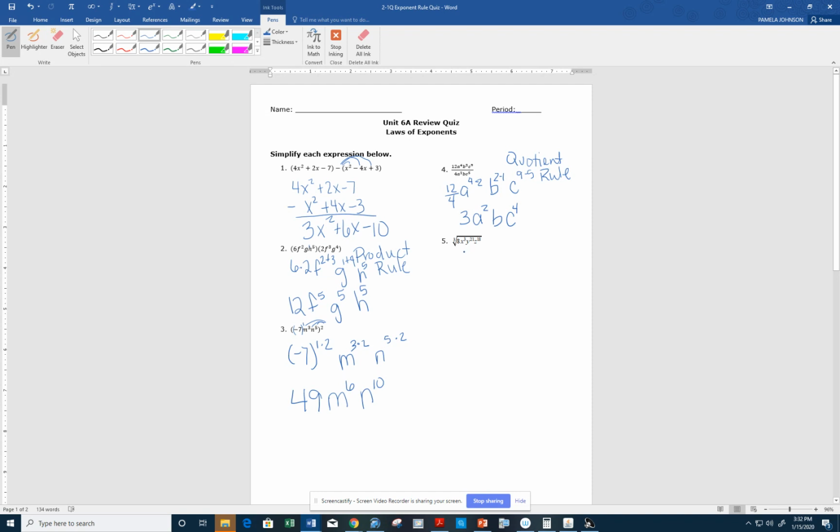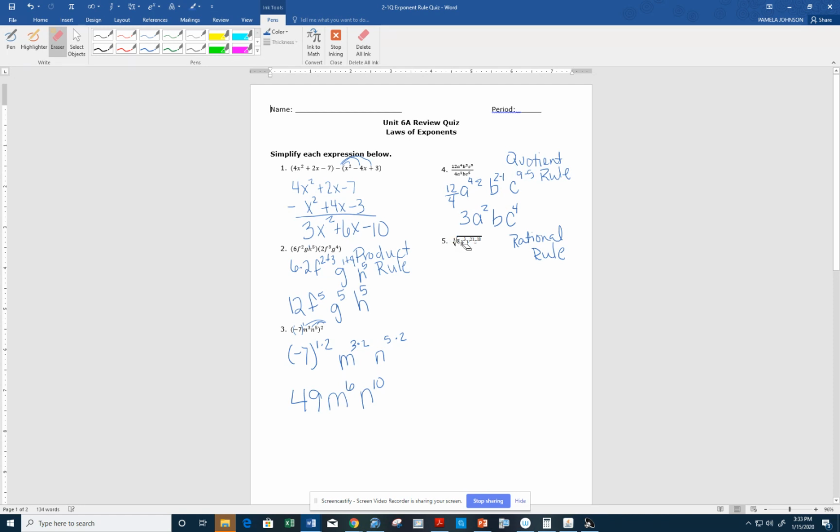And the last one that we have here on number 5 is our rational exponent rule. And with our rational exponent rule, remember, we take this index and we're going to divide that index into each of the powers on the inside.